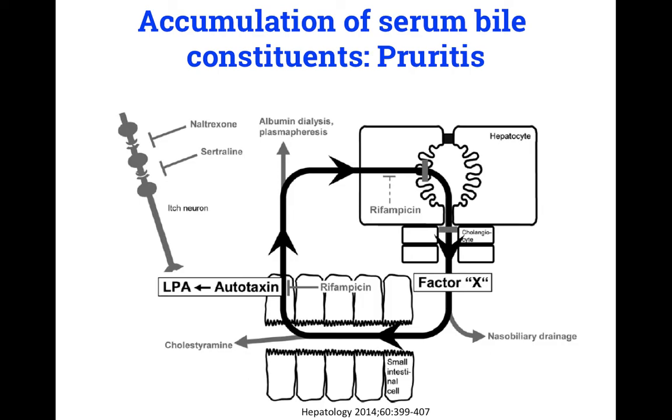So based on clinical observations and studies, we know that whatever is causing itch in cholestasis does tend to accumulate in the systemic circulation, because patients who have been given plasmapheresis or albumin dialysis actually have significant relief in their pruritus.